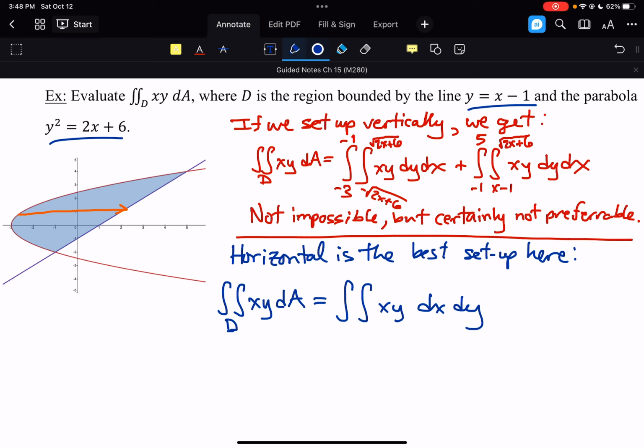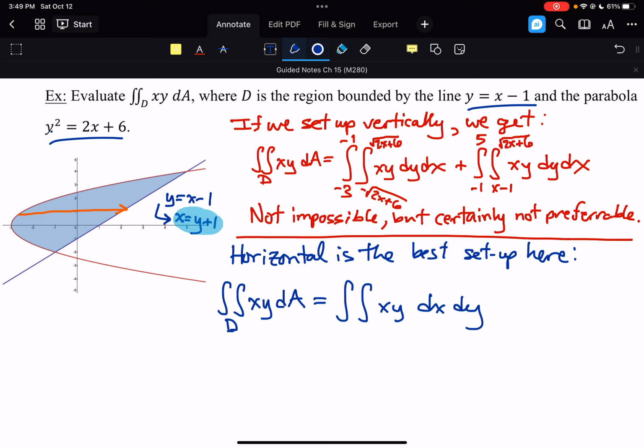So our x is going to go from parabola to line. Now we do have to make an adjustment here because x is supposed to go between two functions of y. So for the line, instead of it being y equals x minus 1, we're going to have x equals y plus 1. So that's going to be the linear.